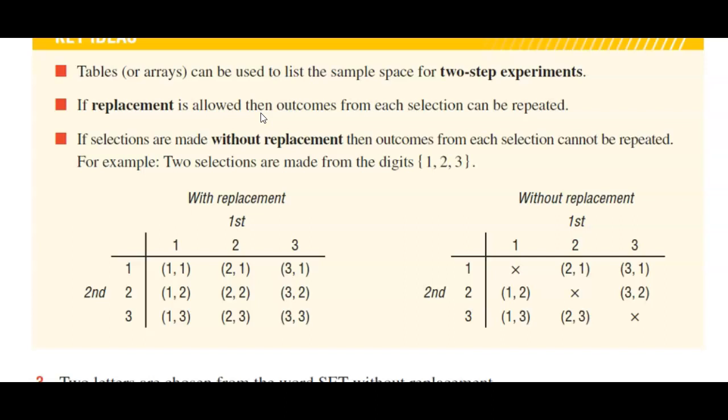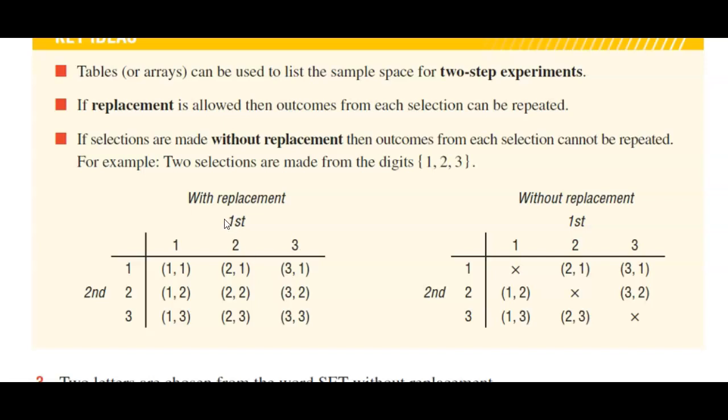So what we've got here, the two examples, we've got with replacement, the first selection and then the second selection, and then without replacement, first selection and second selection. If we look at selecting three digits, 1, 2, 3, or if you want to pretend they're people, you can call them Harry, Mary and Sally.